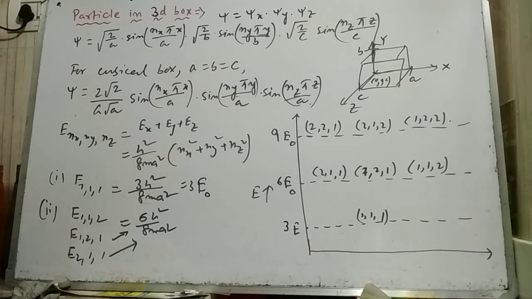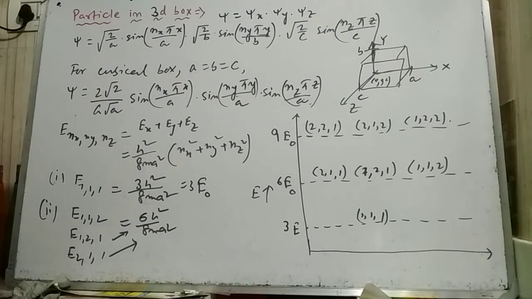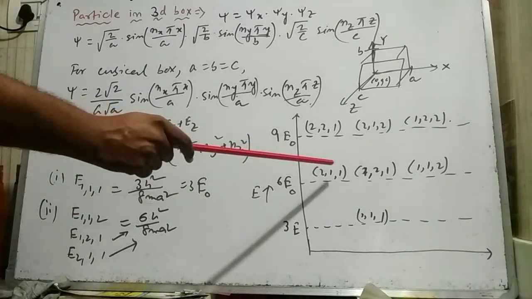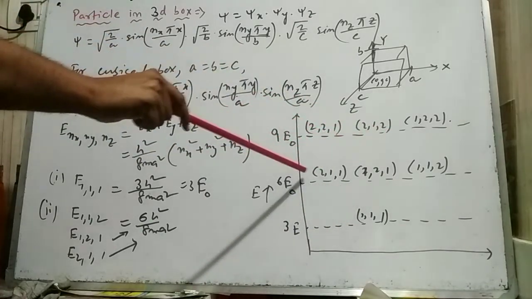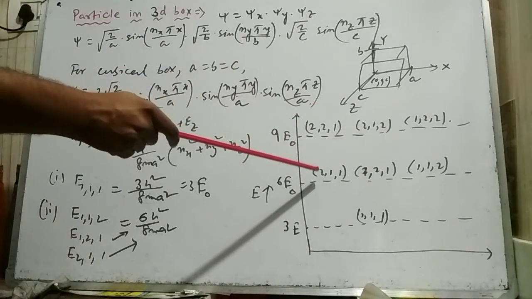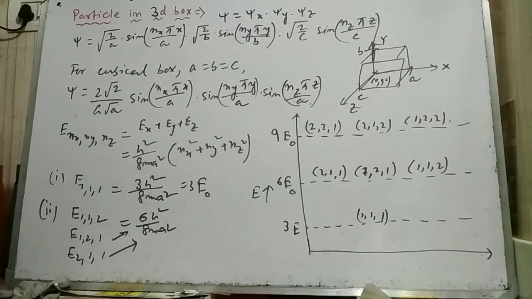So in case of a particle in a three-dimensional box, the first excited level has degree of degeneracy equal to 3. So we repeat again: 2 1 1, 1 2 1 and 1 1 2. So the degree of degeneracy is 3. That is, the energy levels are different but have the same energy.